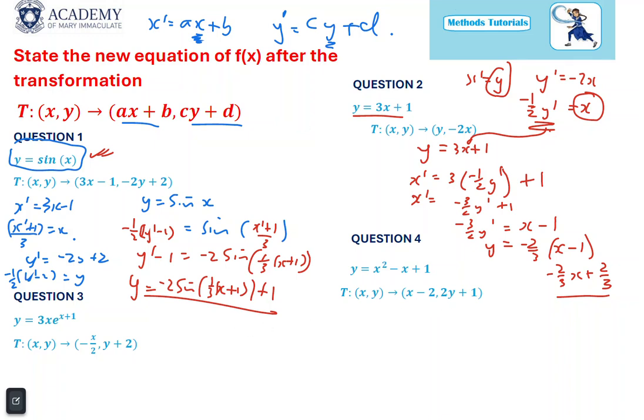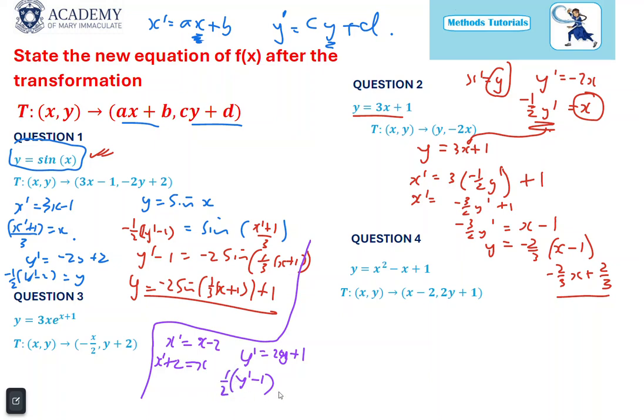might pick a different colour and we might go over here. X dash equals x minus 2, which means x equals x dash plus 2, and y dash equals 2y plus 1, which means y dash minus 1 multiplied by a half will be what y equals.